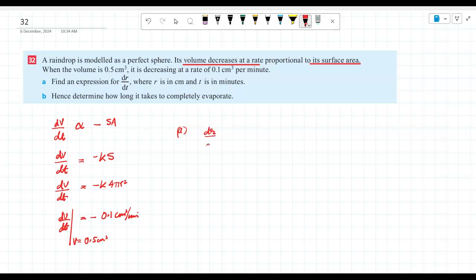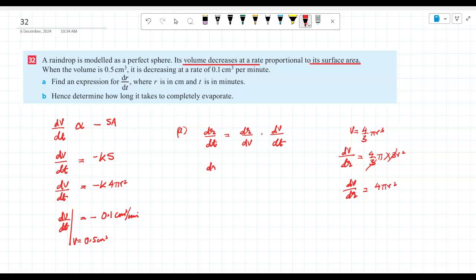I don't know whether they're asking it this way. So we can also do dr by dt is dr by dv into dv by dt, correct? The volume of this is 4 by 3 pi r cube. So dV by dr will be 4 by 3 pi into 3 r square, so dV by dr is 4 pi r square.